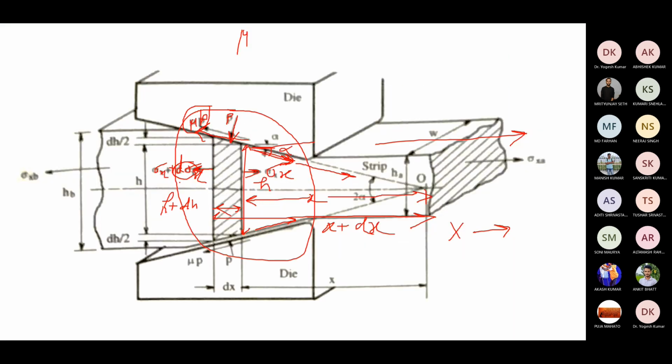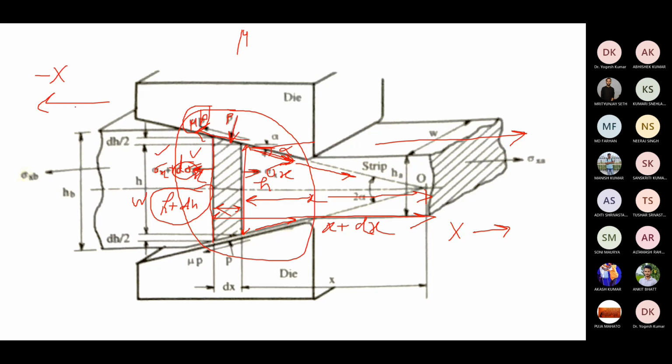We are trying to see the force in this direction, so let us take this direction as positive. We have considered it positive because we are assuming that stress is increasing in this direction. So the stress will be sigma x plus d sigma x into the area. How do we calculate the area? Height is h plus dh into w, so h plus dh into w will represent the area.